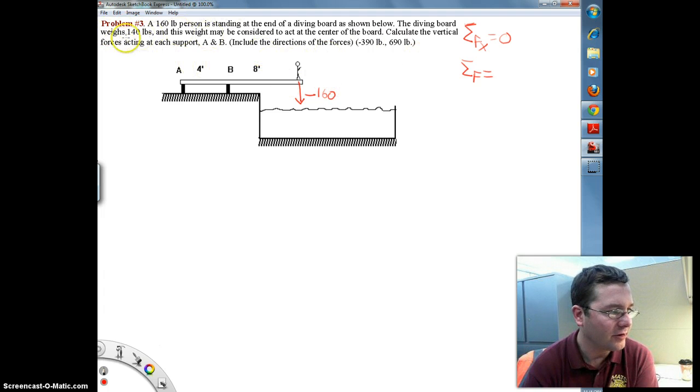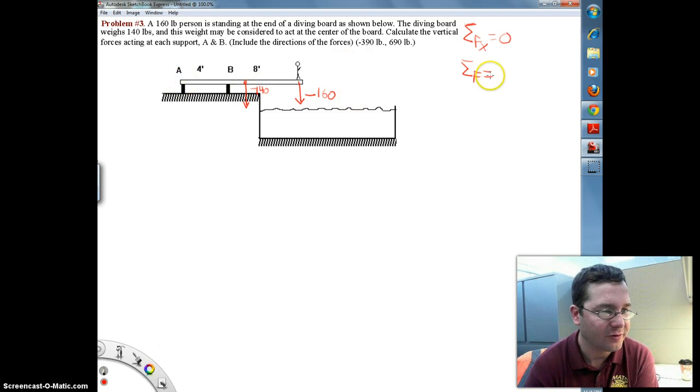And the weight of the board is 140 pounds, and we can consider it to act at the center of the board. So there's this point, and it's 6 feet from either end, because the entire length of the board is 12 feet, and it is 140, so negative 140. Now, there's a force at B, and there's a force at A acting on this board.